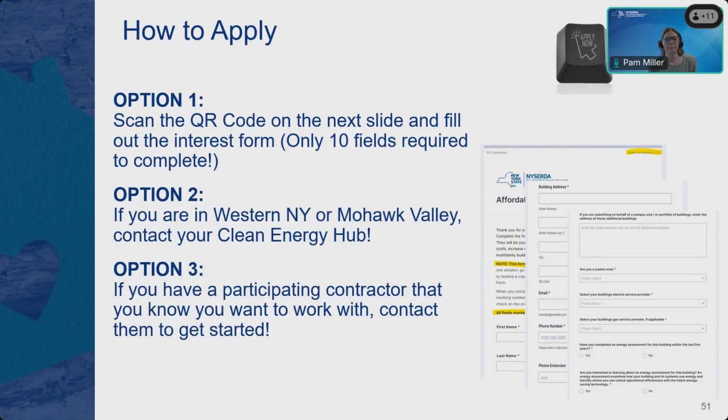When you scan that QR code, it will bring you to the interest form that we talked about earlier today. There's about 10 fields that require your information. It's pretty basic. You can see a quick screenshot of those questions here on the right.